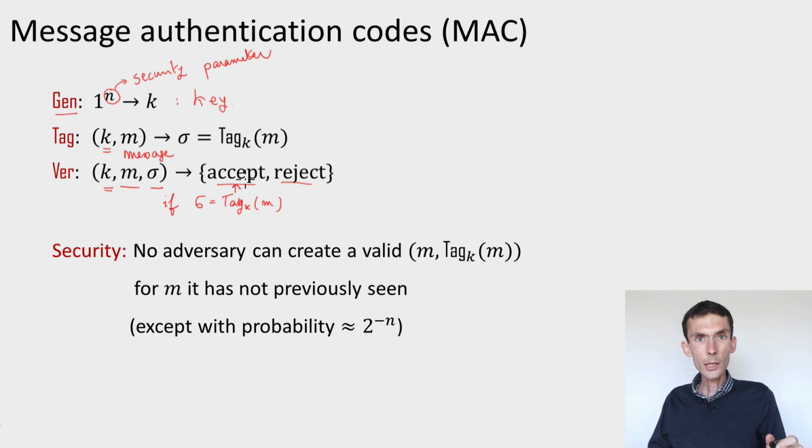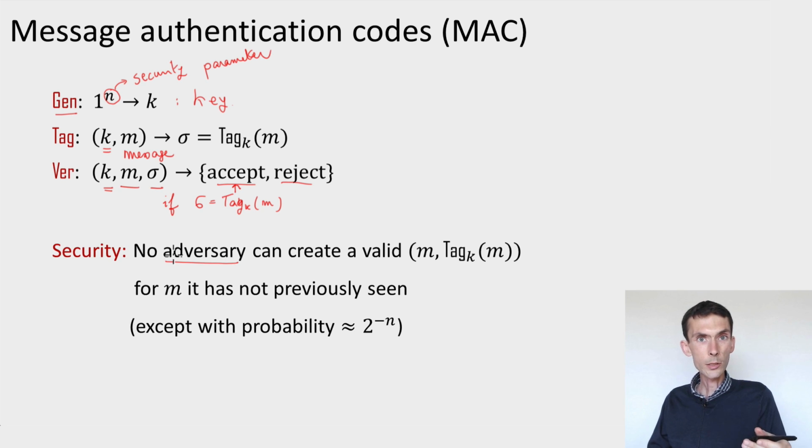Now what's the security of a message authentication code? We'll say that the MAC is secure if no adversary succeeds. What is the adversary given access to? The adversary doesn't have access to the key, but it has access to a certain number of message-tag pairs. These are things that it could have learned by listening in on a communication channel.